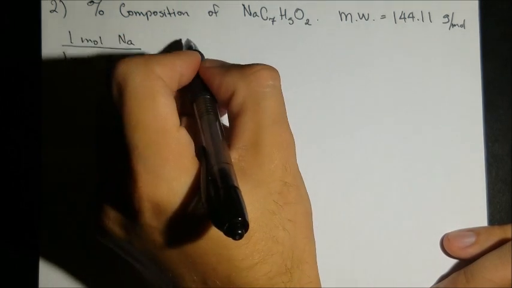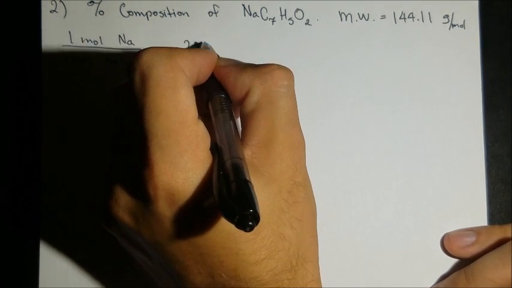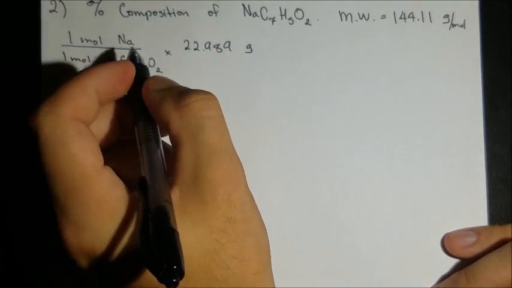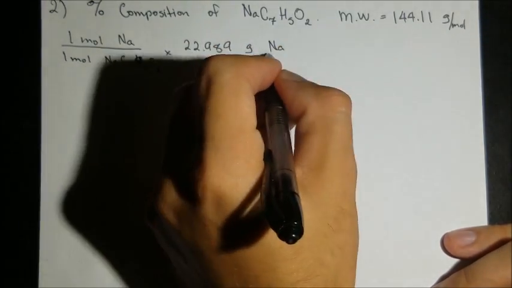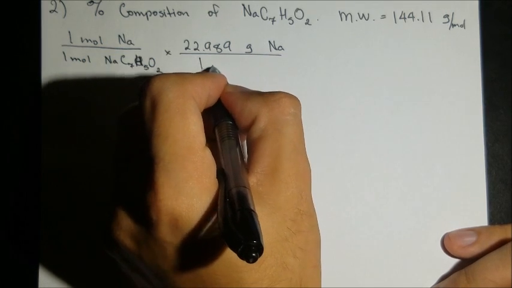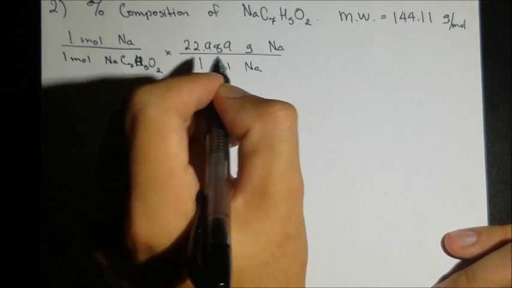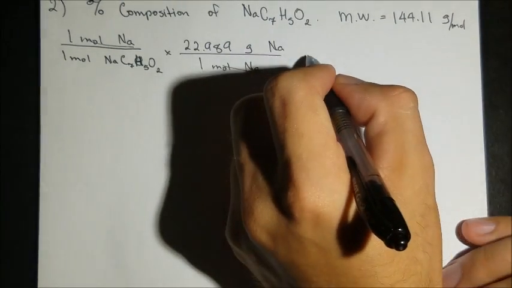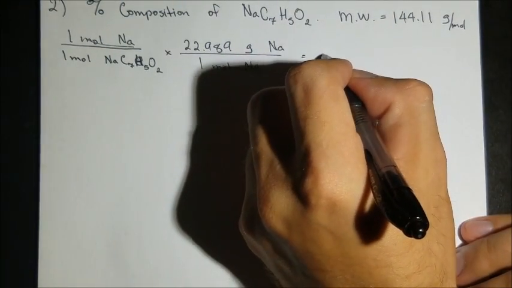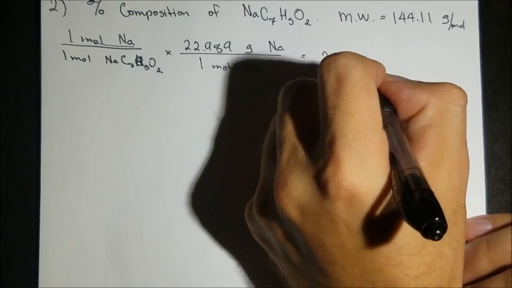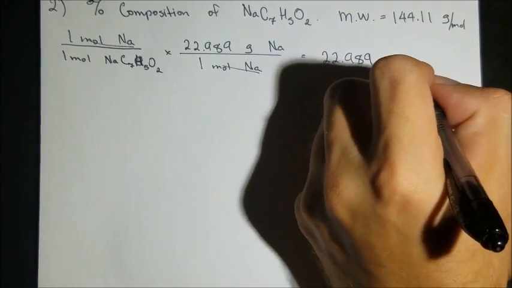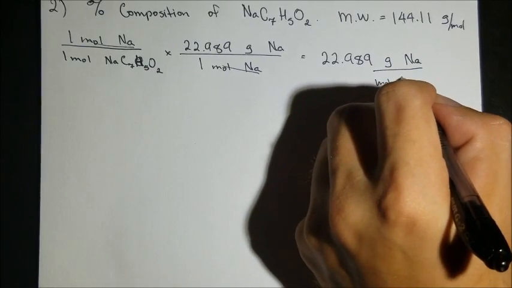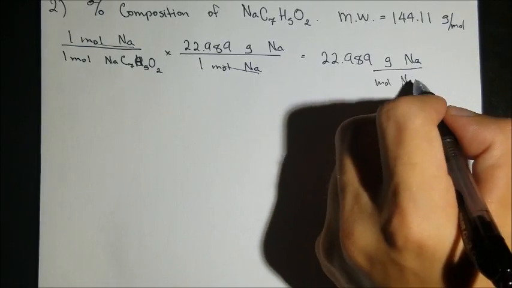And then from the periodic table, I get 22.989 grams is how much a mole of sodium weighs. My moles of sodium cancel, and so I'm left here with 22.989 grams of sodium per mole of sodium benzoate.